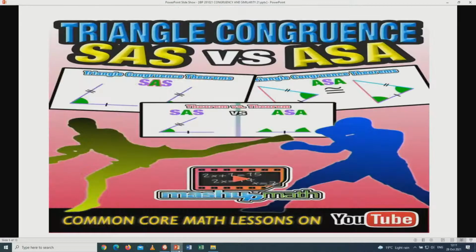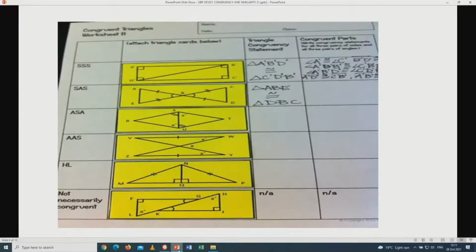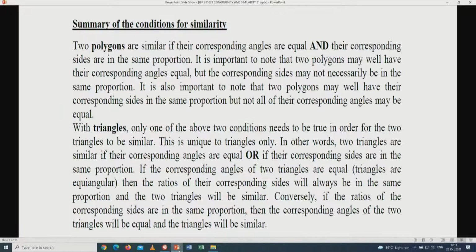We have just done this one, and let's remind ourselves of similarity. Similarity: same shape, different size. Congruency: same shape, same size.